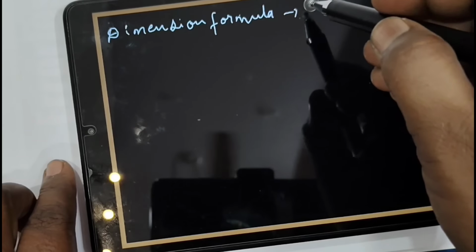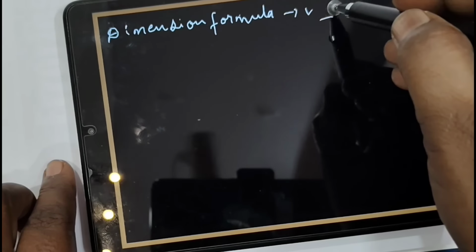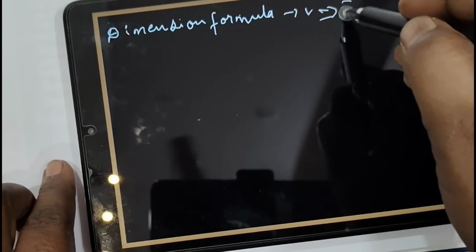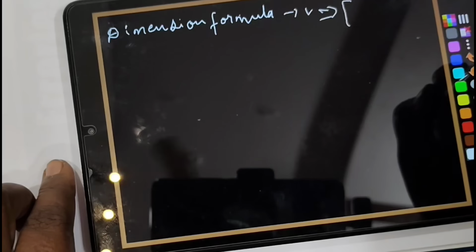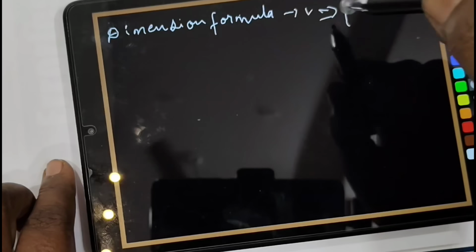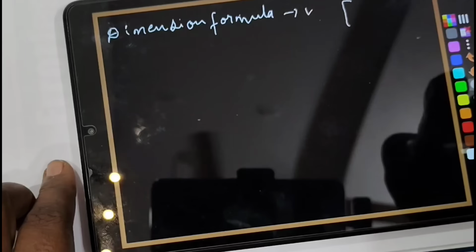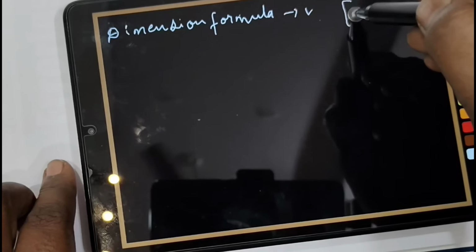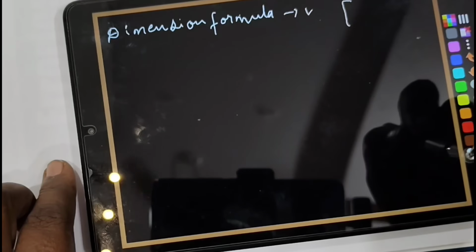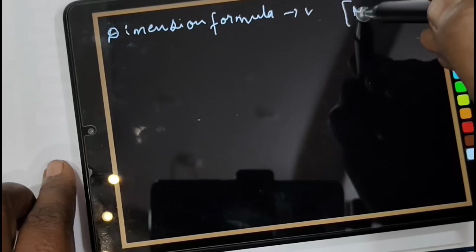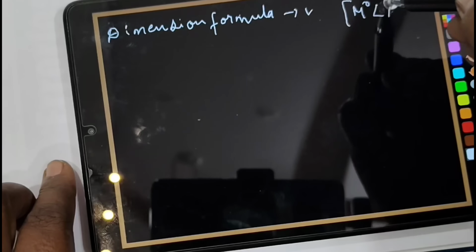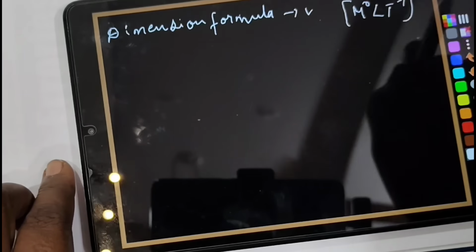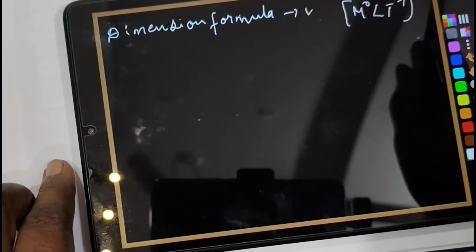So if velocity is asked, don't take the equal value, just write the dimensional formula, M naught L T raised to minus 1. So this is the dimensional formula. And dimensional equation is, I will show you.